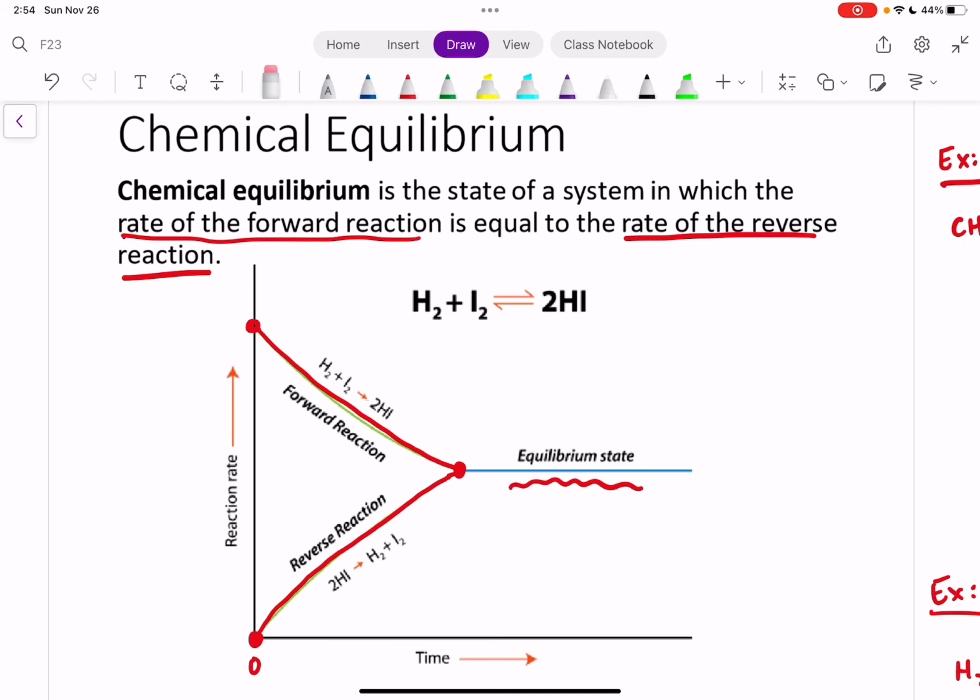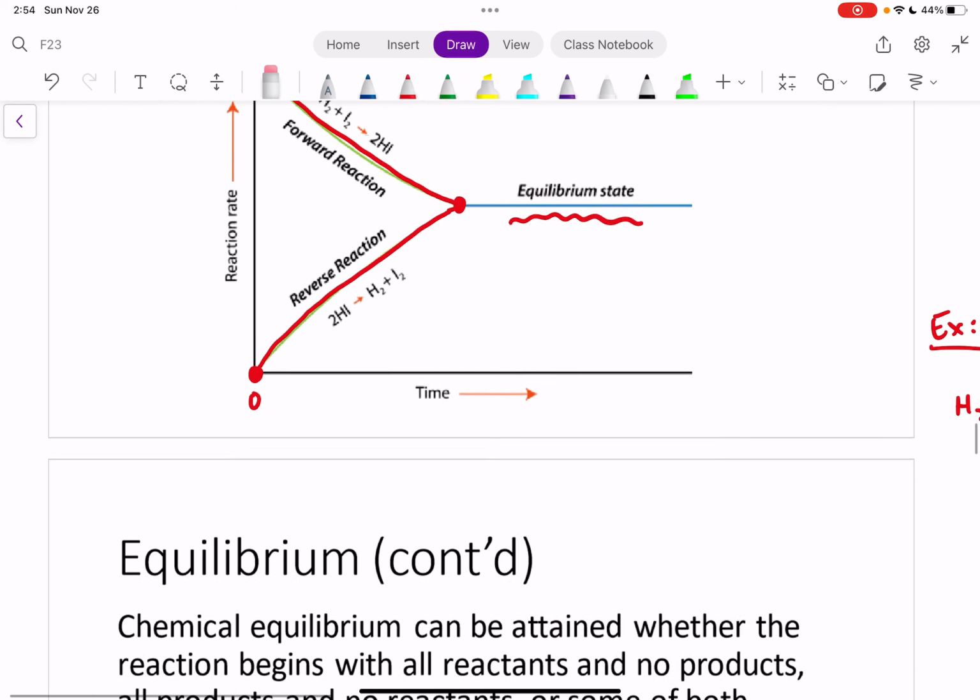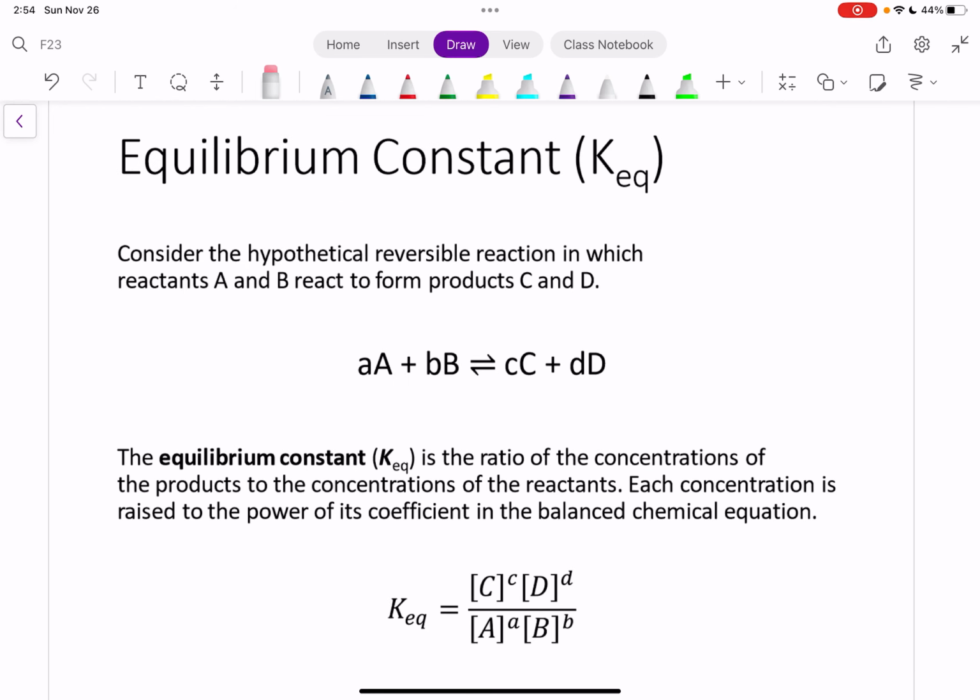It's not saying that we have the same amount of each of these. Okay, we could, but we don't necessarily. It's saying the rate of the forward reaction is equal to the rate of the reverse reaction. Those reactions are going at the same rate or the same speed. It's not saying that we have the same amount of our product as our reactant.